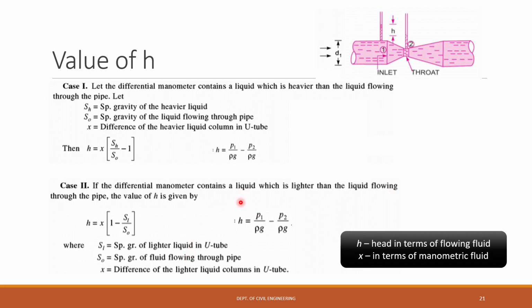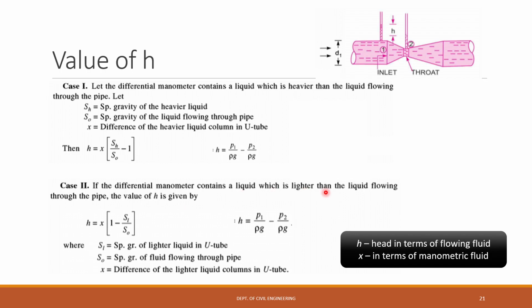Suppose you have oil, coconut oil, inside the manometer, and water is flowing through the pipe. Which is lighter? The oil which is inside the manometer is lighter. So that is case 2. Here it is written, the manometer contains a liquid which is lighter than the flowing fluid.